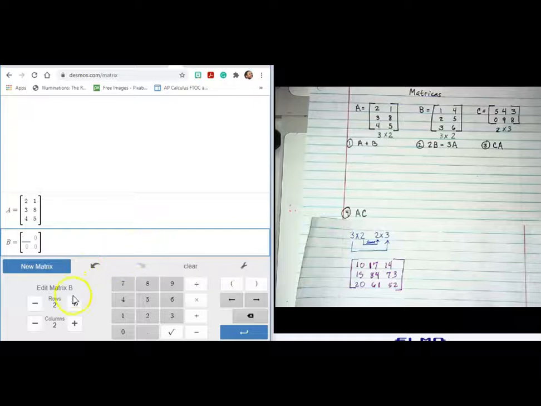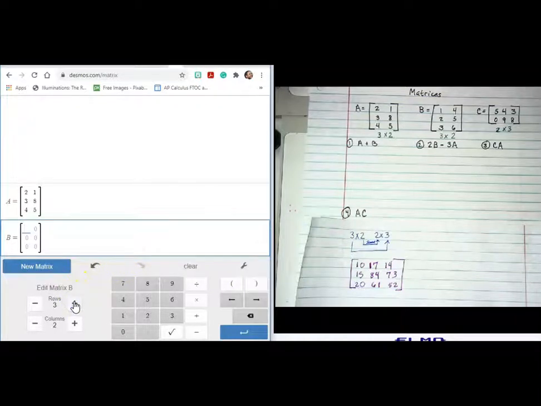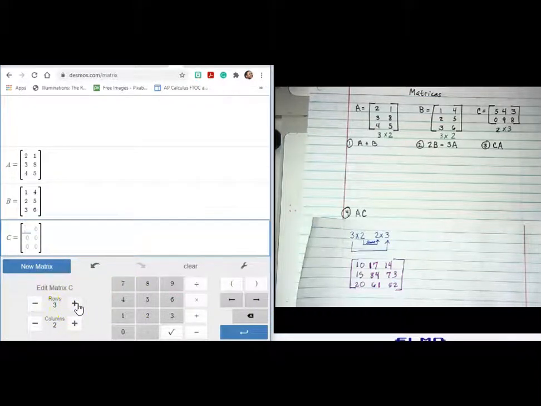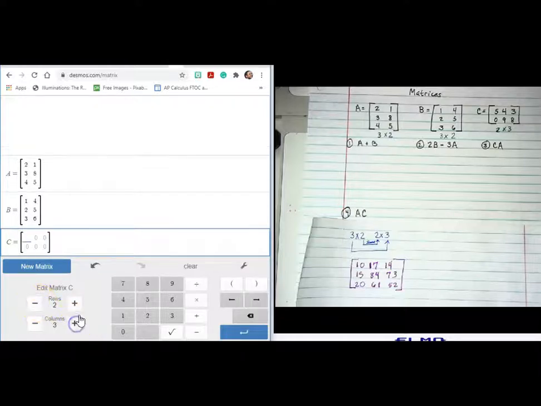So 3 by 2. 1, 4, 2, 5, 3, 6. And then the last one is matrix C, which is a 2 by 3. All right, so here we go. 5, 4, 3, and we got 0, 9, 8.